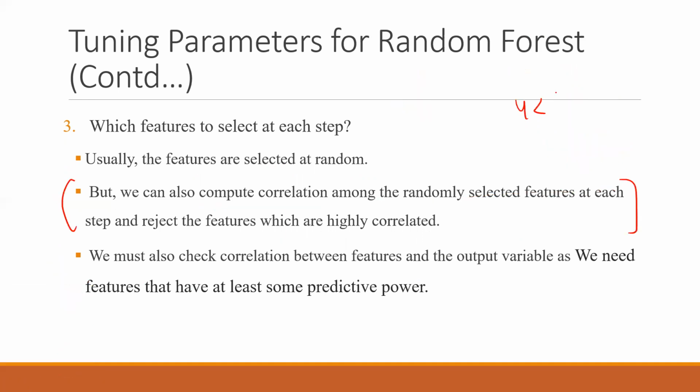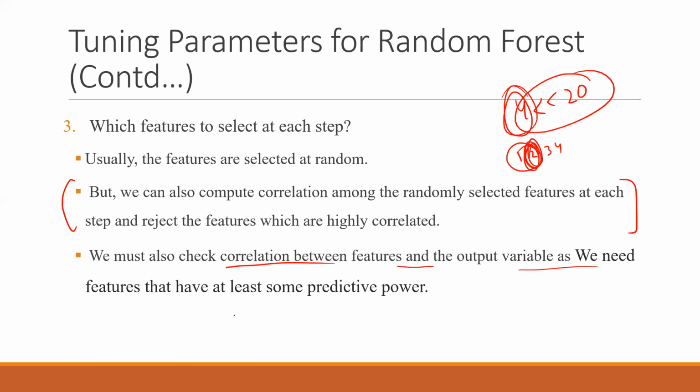Even if you are selecting 4 out of 20, those 4 can be tested for correlation, and if it is the case that 1 and 2 are highly correlated, then you can replace the second feature with maybe number 5 or number 10. So whichever number you want to pick out of the 20, you can replace that number. So that's one technique. We must also check the correlation between the features and the output variable, as we need the features that have at least some predictive power.